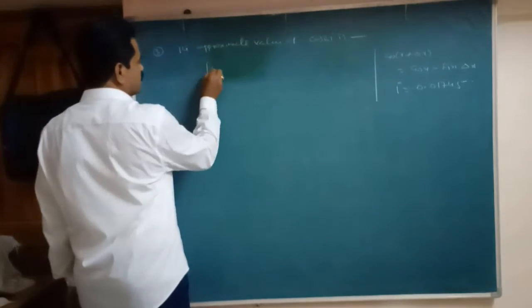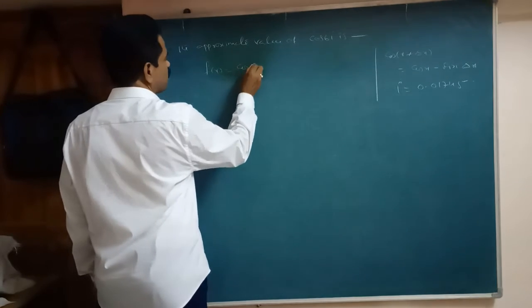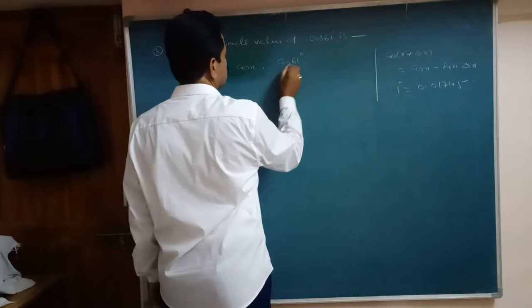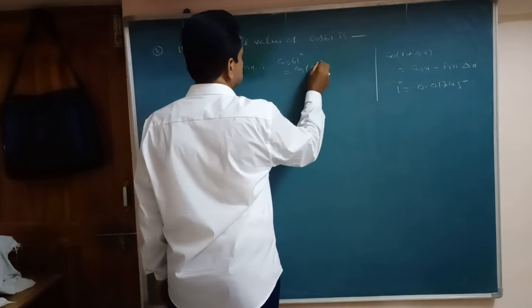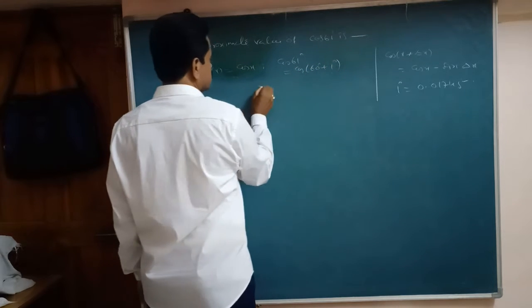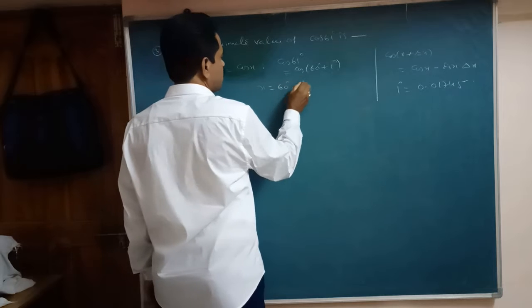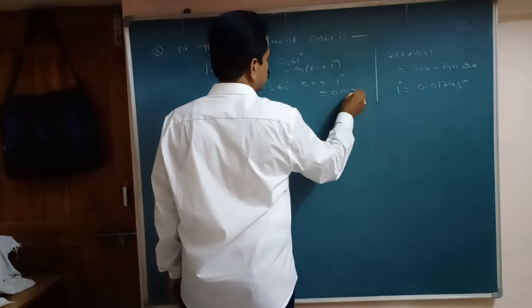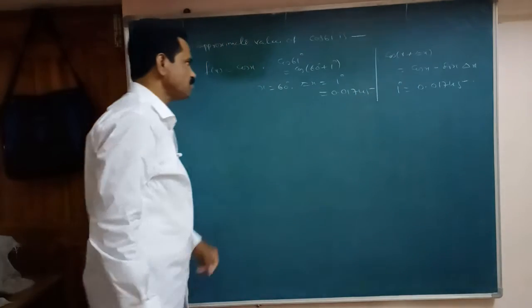First decide the function: f of x equal to cos x. And cos 61 degrees equal to cos of 60 plus 1 degree. Then x equal to 60 degrees and delta x equal to 1 degree, equal to 0.01745. Here, you take the formula f of x plus delta x.